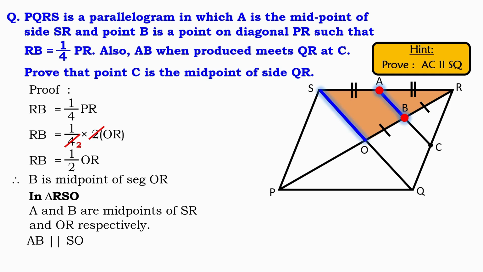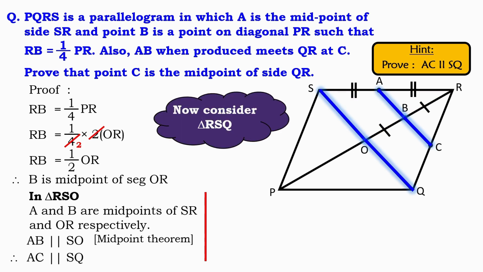So by using the midpoint theorem, AB is parallel to SO. AB is parallel to SO means AC is also parallel to SQ, because these are the extended lines.